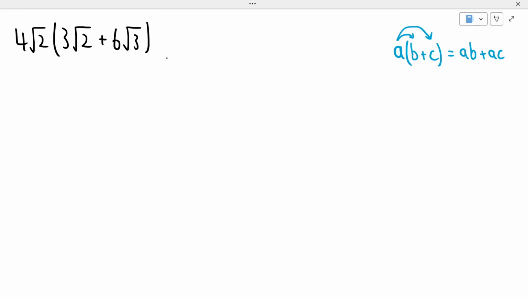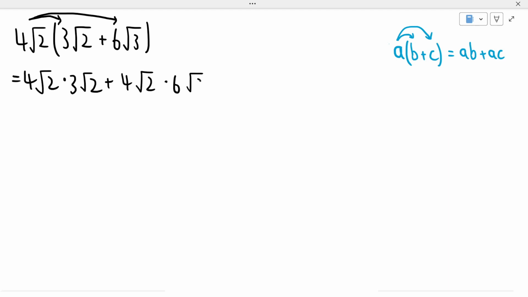So to apply the distributive property to this expression, 4 square root 2 times parentheses 3 square root 2 plus 6 square root 3, we need to multiply 4 square root 2 by 3 square root 2 as our first multiplication, which is the ab term. And then our second multiplication would be 4 square root 2 times 6 square root 3, and that's our ac term.